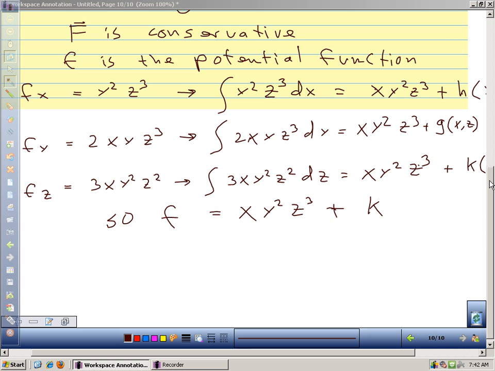If we have a conservative field, it saves us a lot of work. Fields and potentials are a big topic in electromagnetism, gravity, and fluid dynamics. They play a big role in those kinds of things. All right, any questions?